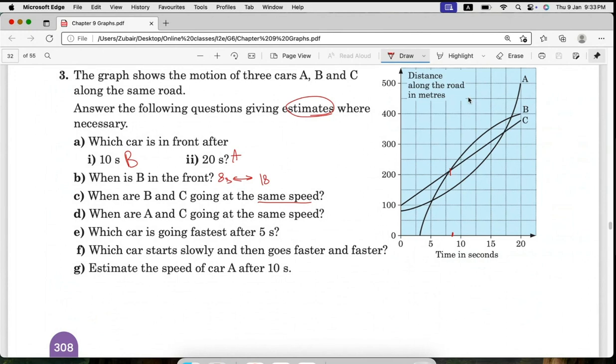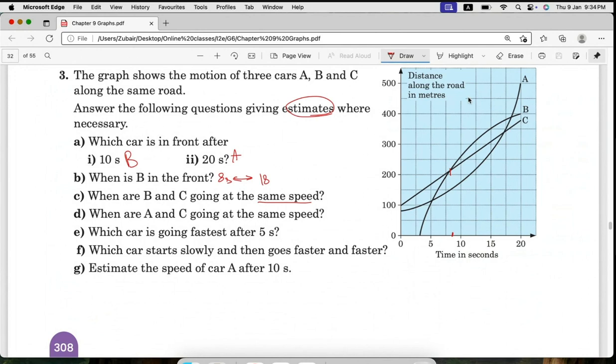See, this is a distance-time graph. What is it that will give you the speed from this graph? What thing will give you the speed? Distance over time.